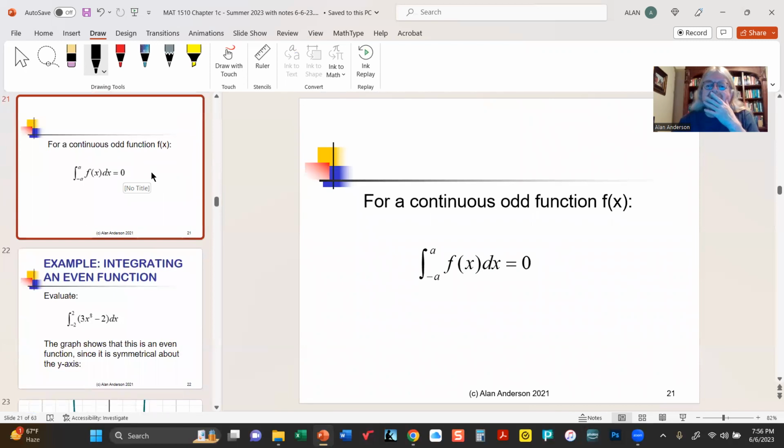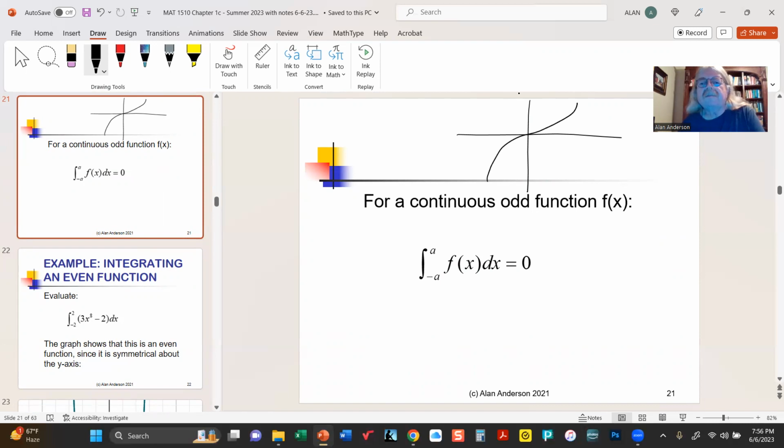And then now what's interesting about the odd functions, since the symmetry is with respect to the origin, these are going to exactly offset each other. In other words, whatever area we have on the right is the negative area on the left, they're going to add up to 0.